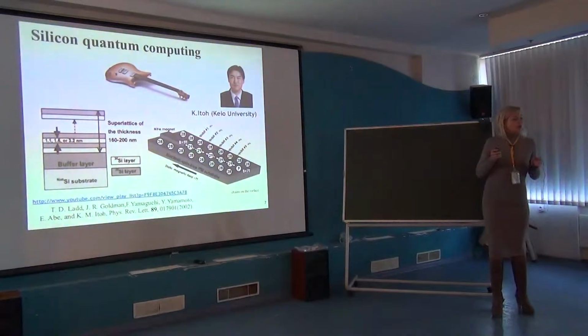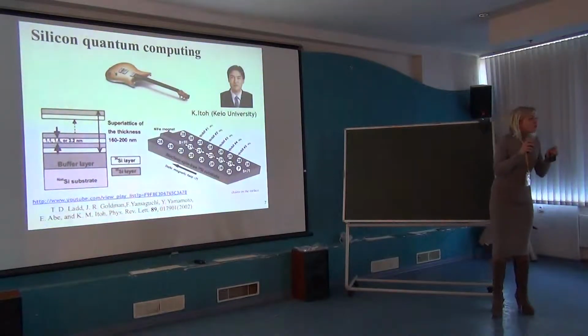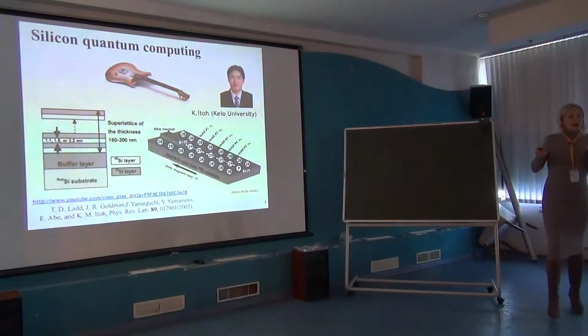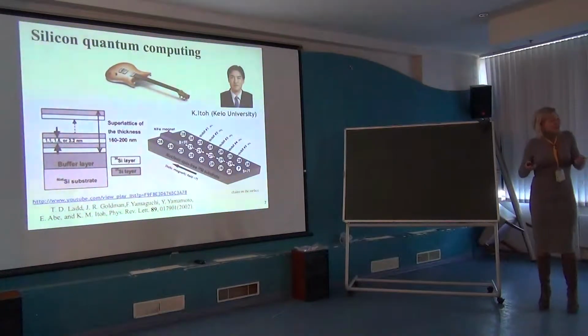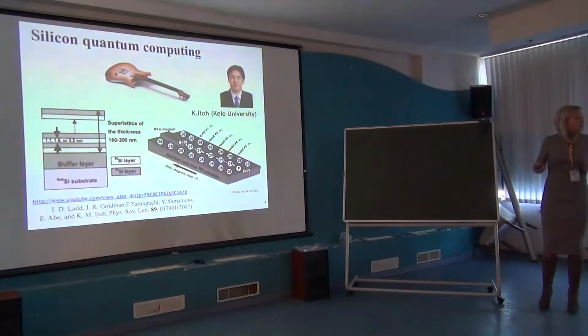His group proposed using silicon-29 as the qubit and an atom of phosphorus used as a probe for reading the spin state of this qubit, because the wave function of the phosphorus atom can feel the spin state of not just a neighbor atom, but over 1,000 atoms around.